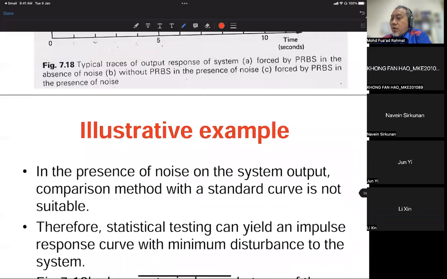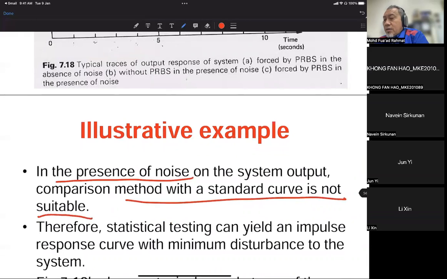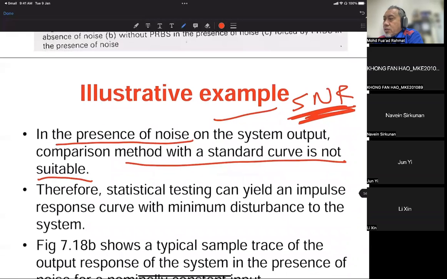In the presence of noise on the system output, the comparison method with the standard curve is not suitable anymore. We cannot rely on it if the noise is there, because it relates to the signal to noise ratio. If the noise is very small, we can still apply the standard curve.